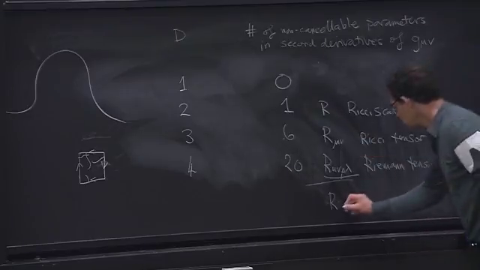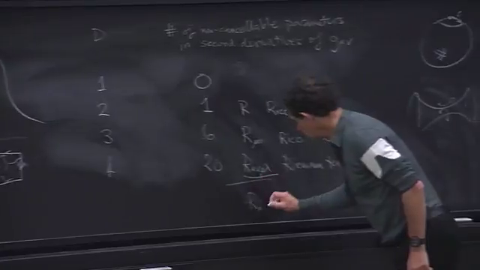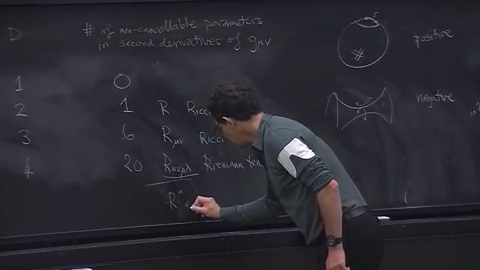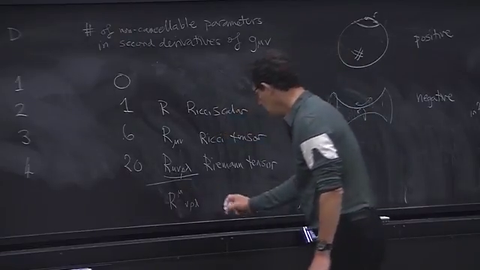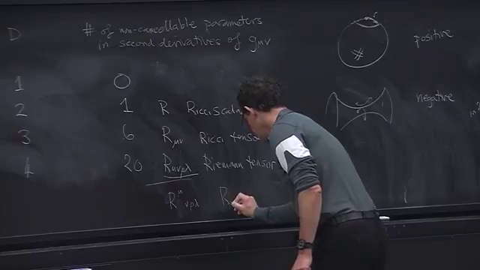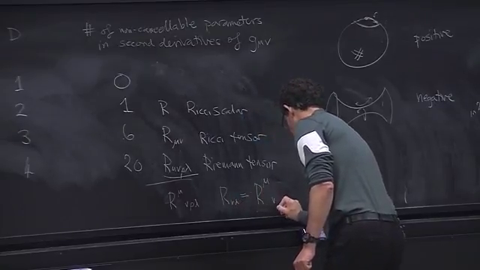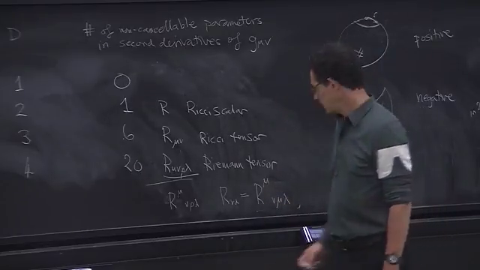But then the Ricci tensor is nothing but a contraction of this. So in fact, the way it emerges is the Riemann tensor is naturally derived in this way, with one index up and one index down. And then the Ricci tensor is equal to R^μ_{νμλ}, just a contraction of the first and third indices.